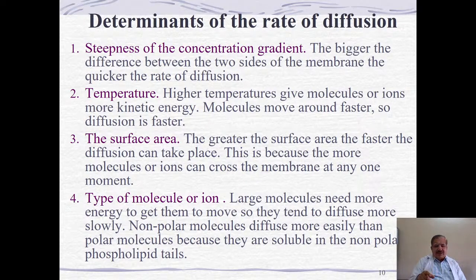Non-polar molecules diffuse more easily than polar molecules because they are soluble in the non-polar phospholipids. As you have seen in the beginning itself, non-polar things such as oxygen, nitrogen and carbon dioxide can pass through the phospholipids very easily.